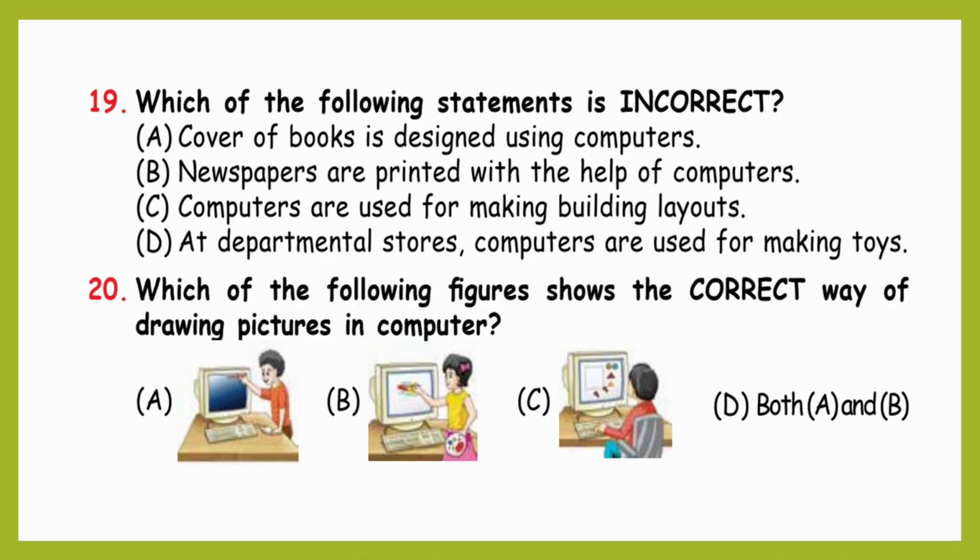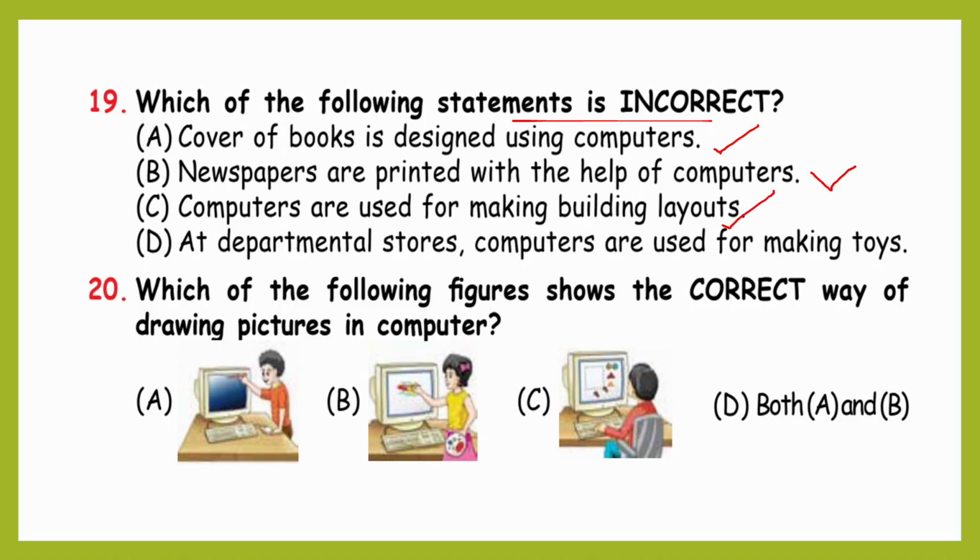Which of the following statements is incorrect? Option A, cover of books is designed using computers. Is it correct? Yes. Newspapers are printed with the help of computers. Yes, it's also correct. Then, computers are used for making building layouts. Yes.